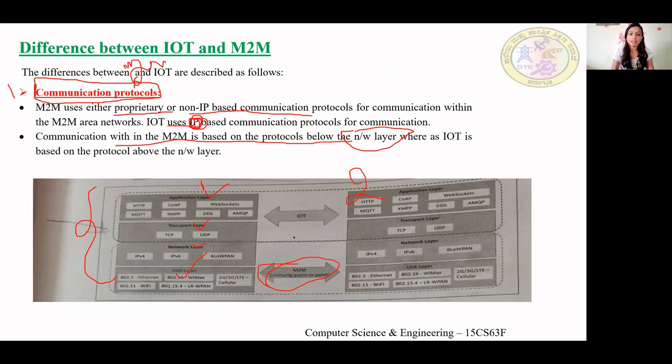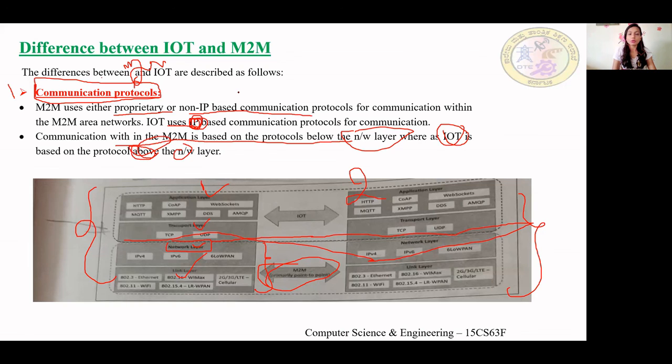If you consider M2M, it uses all communication protocols below the network layer. Can you see this network layer? Whereas IoT is based on all the protocols above the network layer. This you have to remember.